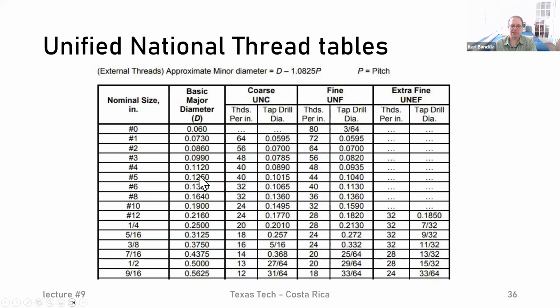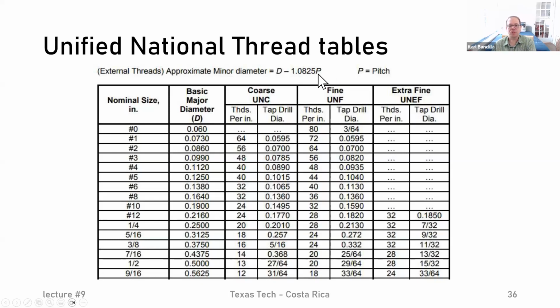Another very important thing is on top, as you can see: the equation that we get to approximate what the minor diameter is going to be. If you remember all the way back to when we looked at the slides, there were all these different numbers for thread depth and everything that would fit the different thread types. We can simplify all that with the simplified calculation here, where D is the basic diameter, which we're given here.